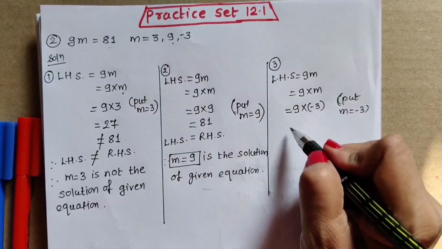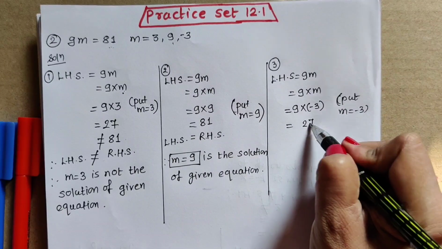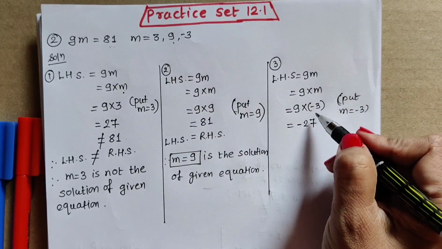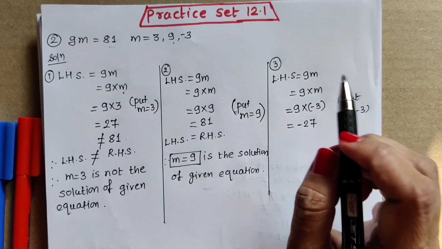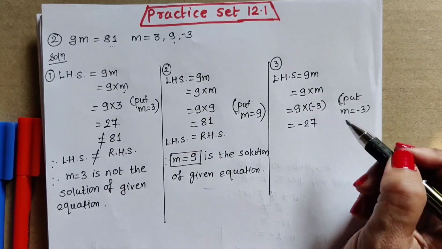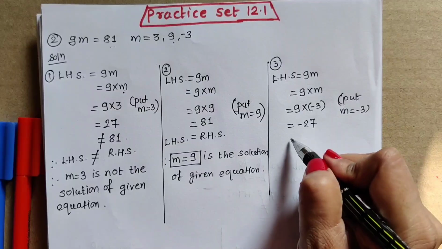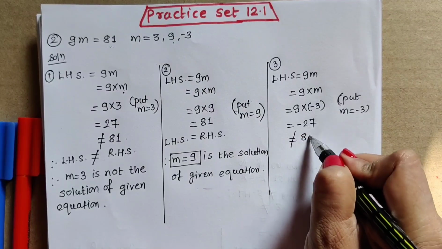Now 9 3s are 27, but the minus sign is there, so we have to put the minus sign. So it is -27. And it is not equal to 81.